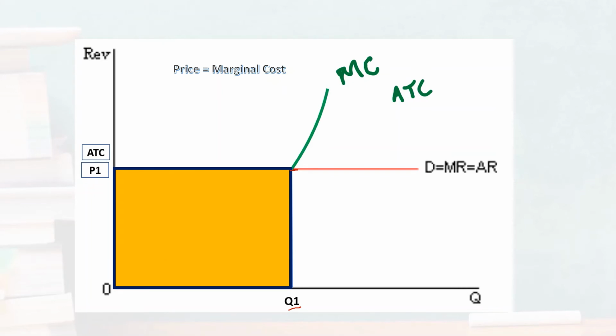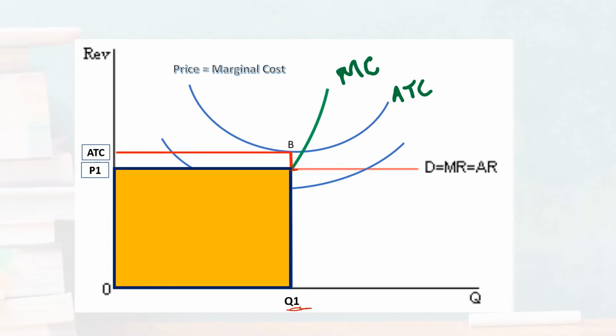Now comes the cost the firm is facing. For that we need the average total cost, and you can see that this time the average total cost lies above this price or demand curve. In order to find the total cost, we move on the average total cost curve from this level of output, and this gives us the average total cost equal to ATC.